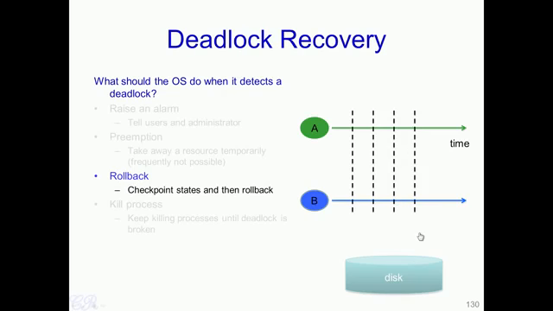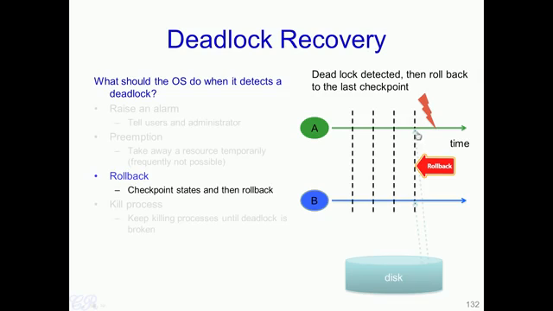Now, let us say a deadlock is detected after some time. Then what could happen is that the system could roll back to the last non-deadlock state, that is over here. The rollback occurs by loading the state of processes A and B in this particular example to the last known state, as shown over here.